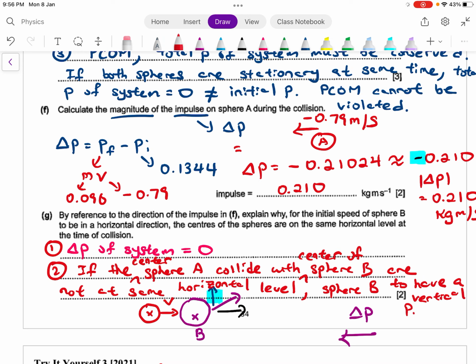If it has a vertical momentum, then the PCOM will be violated, because just before the collision there shouldn't be any vertical momentum. That's how we explain this question.